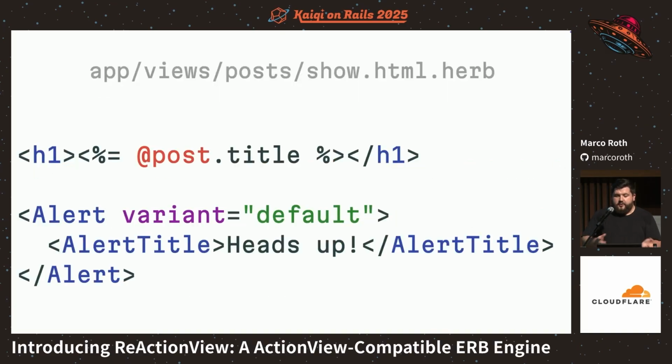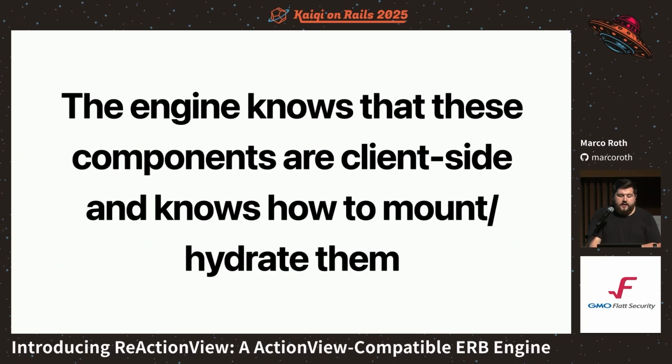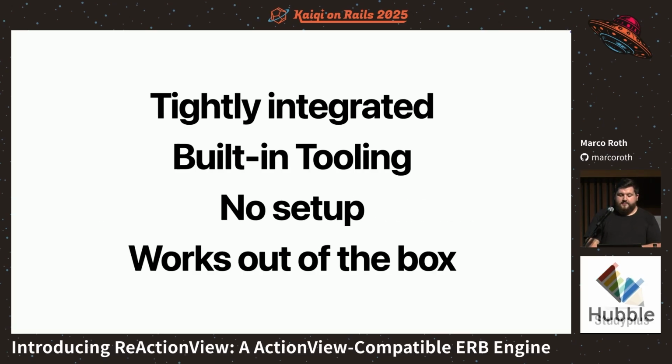And then within your views, you can just use these React components or whatever you have in the ERB files. The engine would know how these components are built, how you have to hydrate them, how you have to mount them, and so on. With the difference, it's tightly integrated. It has all the tooling, doesn't need any setup, and just works out of the box.